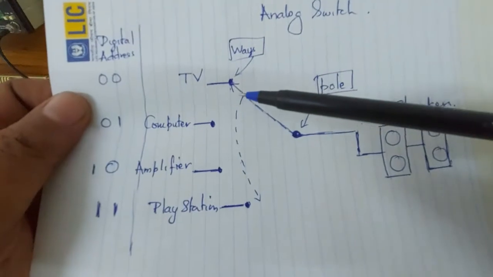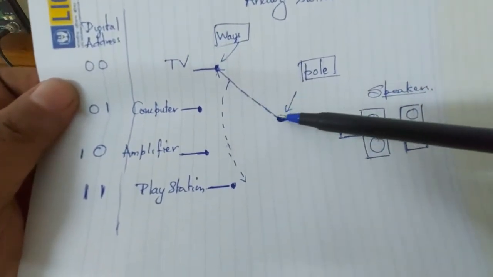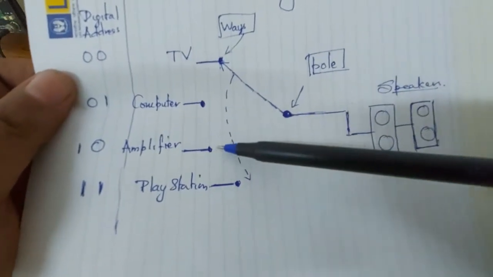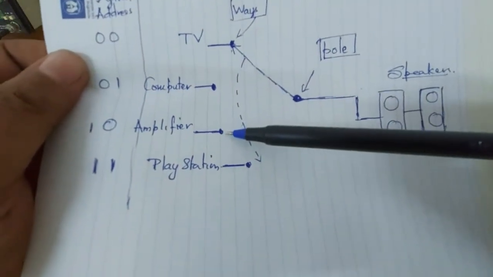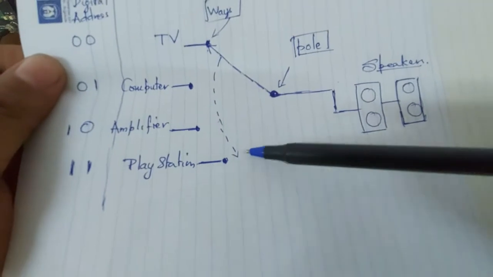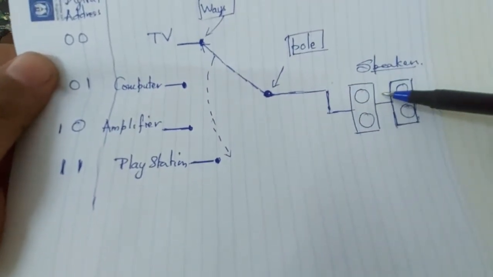Now if we change the switch to computer side and play some music, then we'll have the connection for the speakers from the computer or from the amplifier. So we have to change the switch to the 3rd position or to the 4th position for the PlayStation to get the audio output to the speakers.